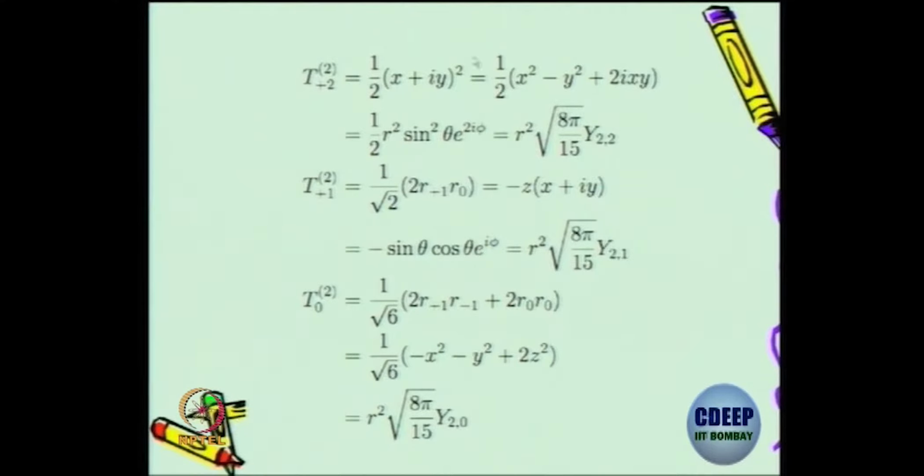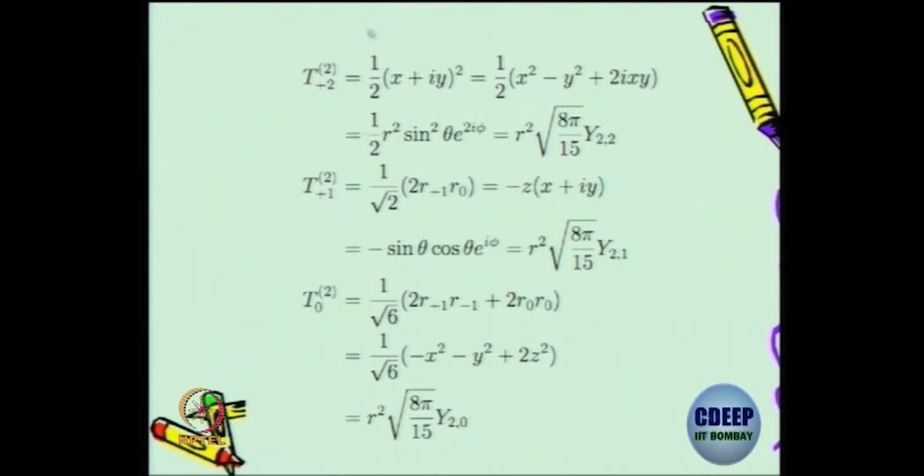You can explicitly verify for the position vector. It is indeed giving you Y22 up to normalization, and by ladder operation you know how to do this. L minus you know how to operate here, and you can directly say that this is the way the other components of the rank 2 tensors will be.